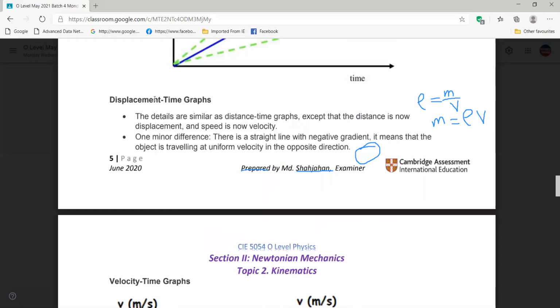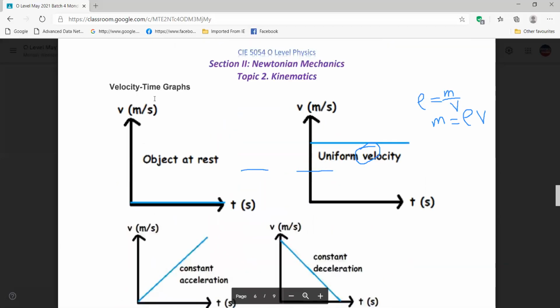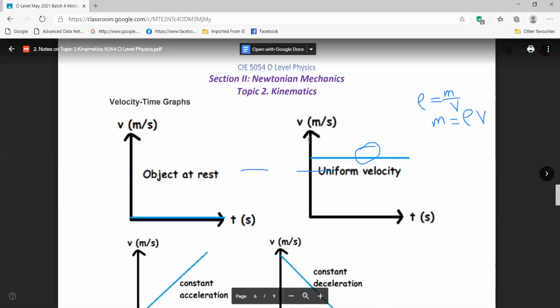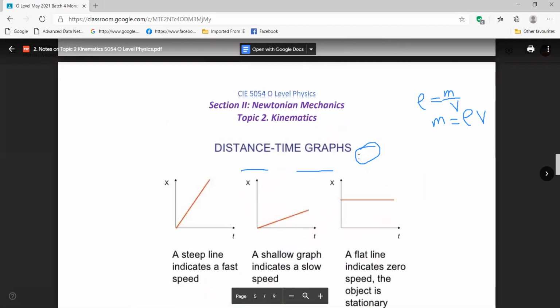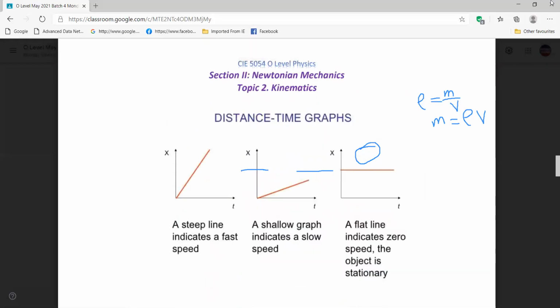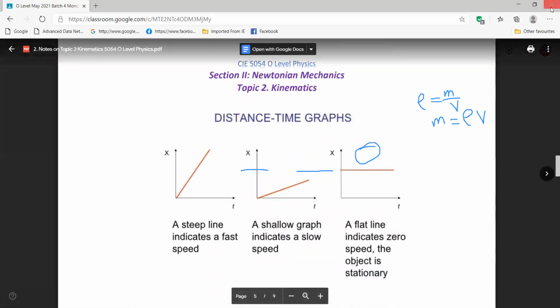Okay, then here we have this type of graph.